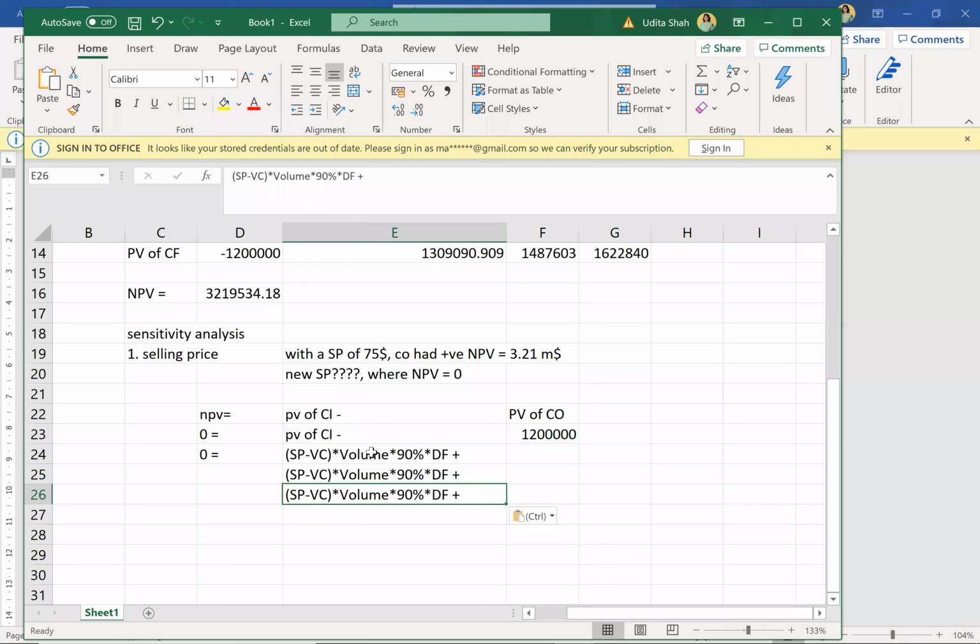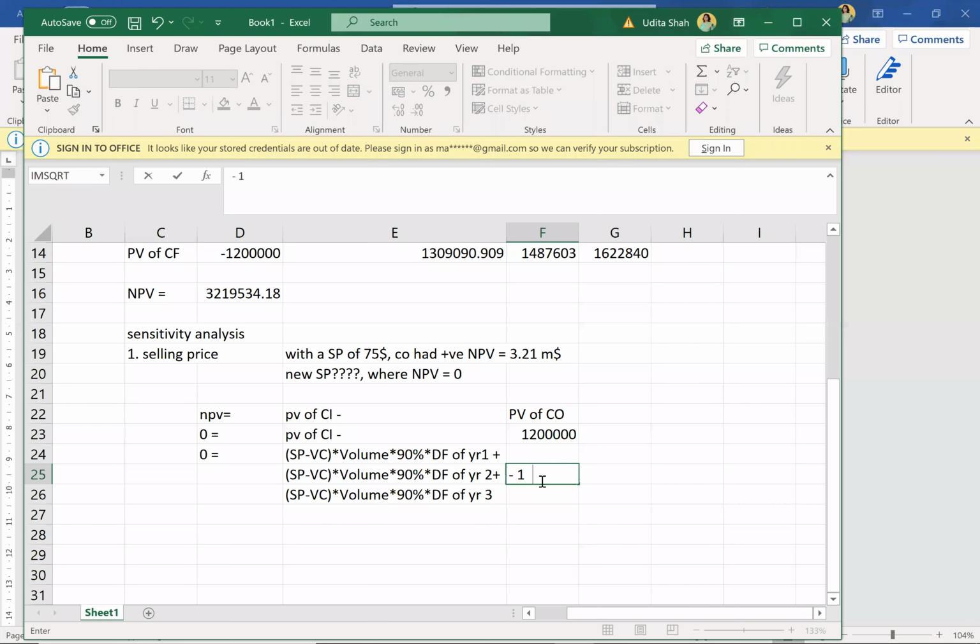So selling price minus variable cost into volume into 90% into discounting factor for year one, plus selling price minus variable cost into volume into 90% into discounting factor of year two, plus selling price minus variable cost into volume into 90% into discounting factor of year three. That gave me the total present value of cash inflow, and minus 1.2 million, it will become 0. Yes, correct.